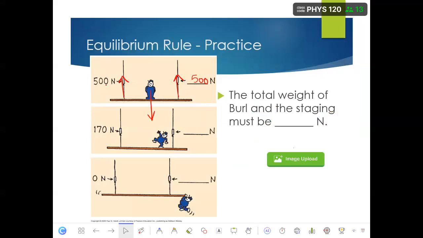So these two are 500, and we said that this person and the lever together should weigh how many thousand Newtons? How many Newtons? Thousands. Okay, perfect.